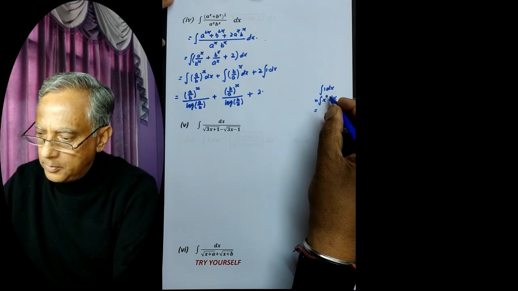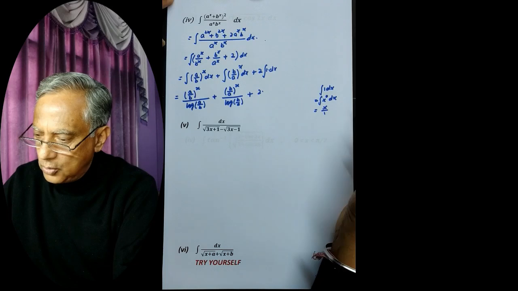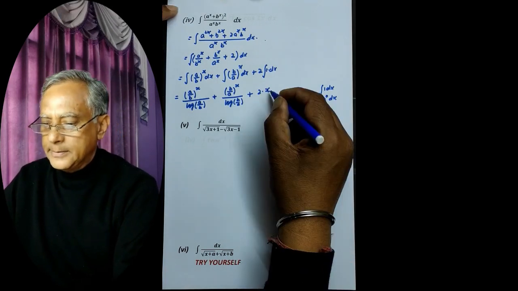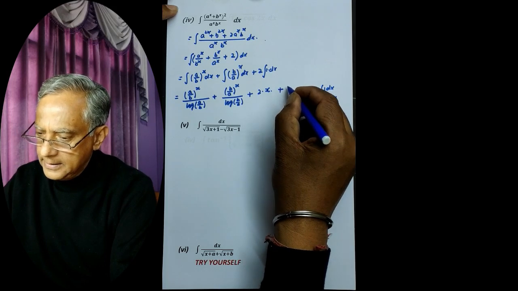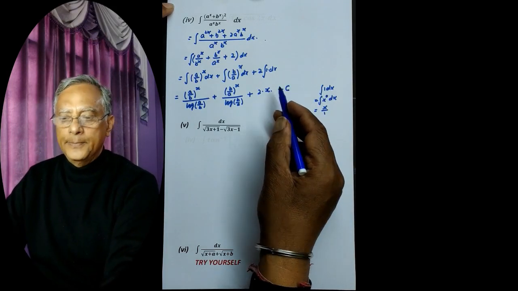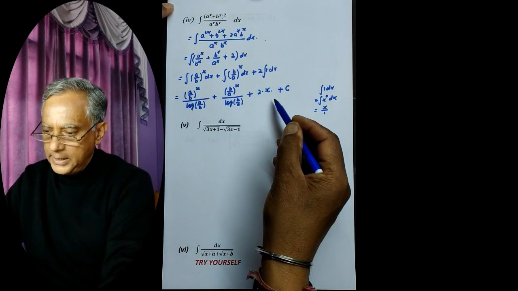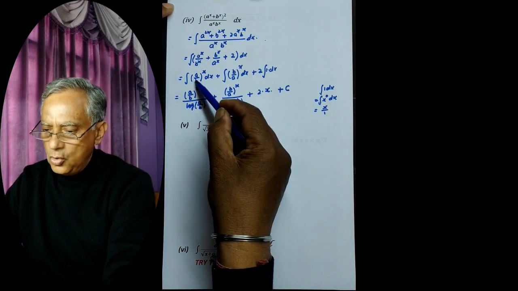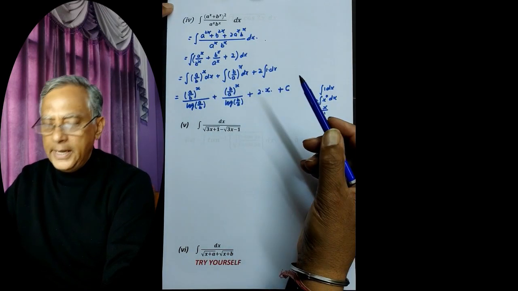This will be x^(0+1) over 1, so this will be x. And we must add a constant of integration in the answer. So integration of this is this. This has been reduced into the formulae we already know.